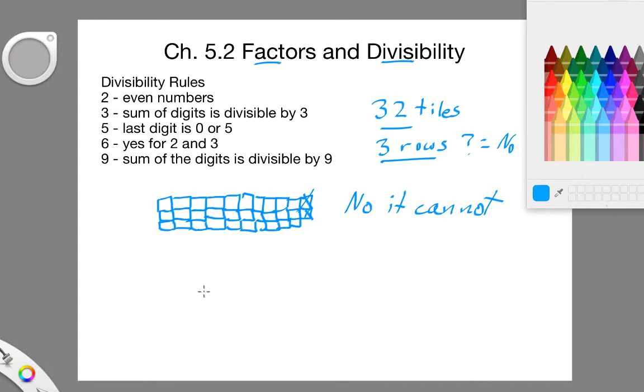There's another way to do it, just using long division. So we have 32 tiles total, and we're trying to divide it into 3 rows. Let's write it the other way first: 32 divided by 3, and that's the same as 3 goes into 32.